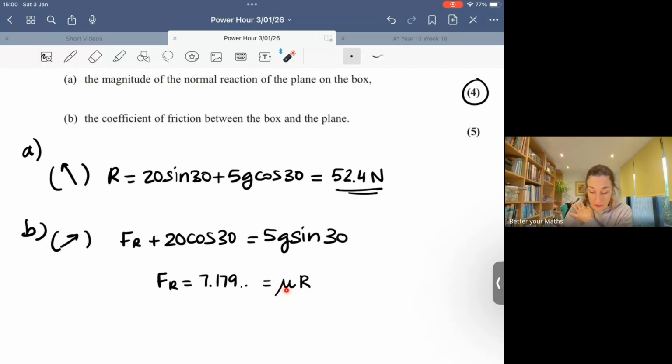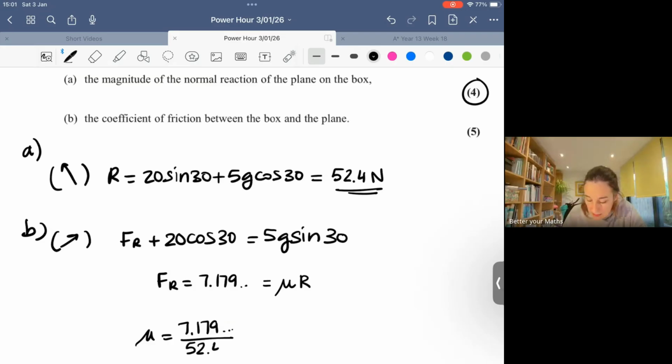So mu is going to be equal to our friction divided by R. Just that. So the coefficient of friction is this 7.179 divided by the 52.4. I should have kept more numbers in the calculator.